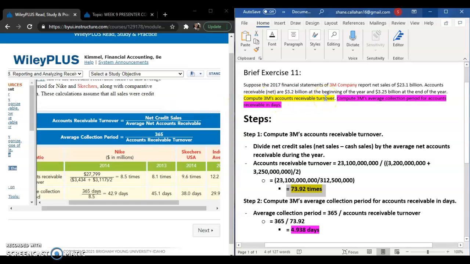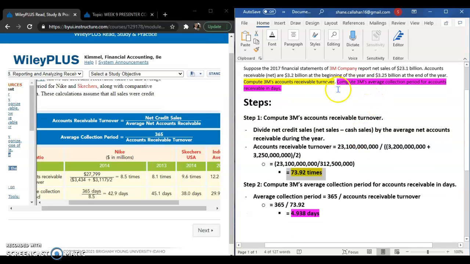That's basically it. It's not too hard. It's just order of operations, and you just gotta find that stuff in the problem. Or if it doesn't give you the net sales, then you just have to subtract net sales and cash sales, and there it is.